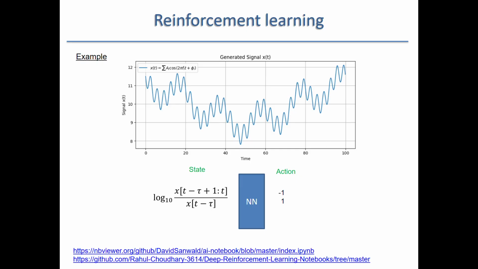We are given a history, the ratio between the previous samples and the current sample, with t minus tau and an extra shift, which gives the values in the future.